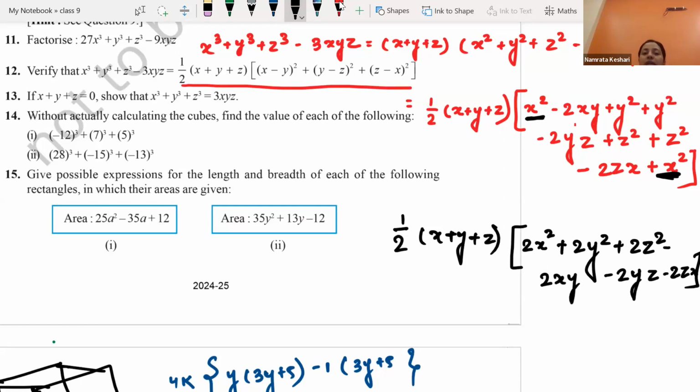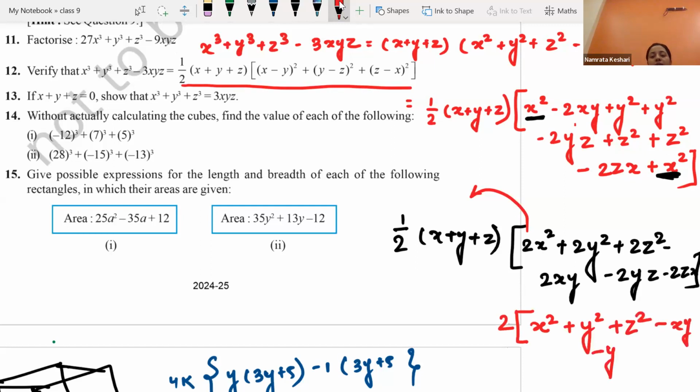Now clearly we can see 2 can be taken out common from this rectangular bracket. If we take out 2 common from the rectangular bracket, we will write it here only. So what are we left with? We are left with just x square, just y square, just z square, just minus xy, then minus yz, then minus zx.